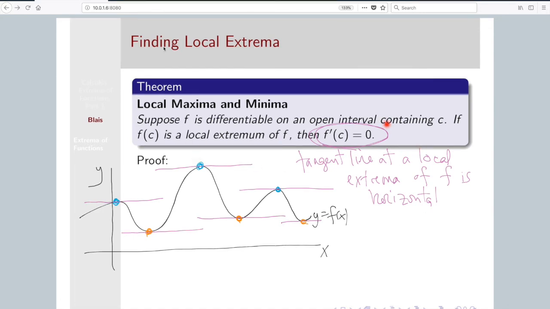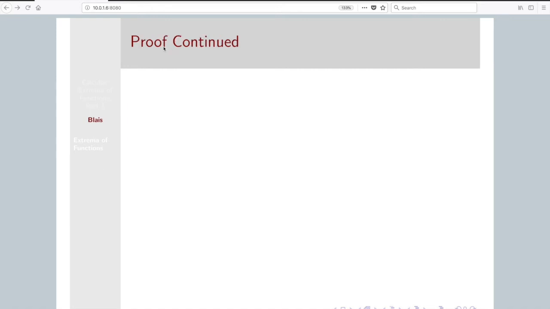This is a theorem that we will prove. It comes quite quickly from the definition of derivative. So, suppose f of c is a local maximum value of f.